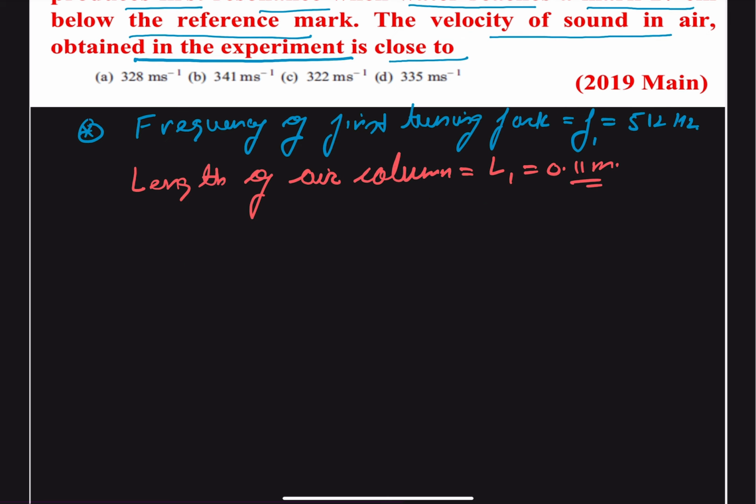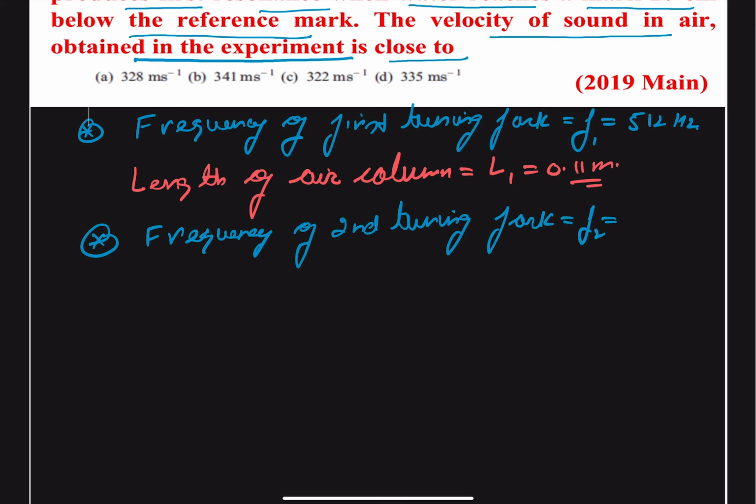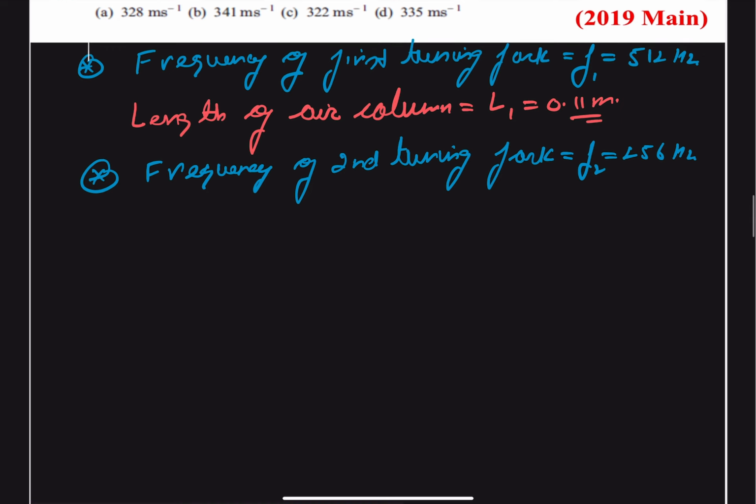The same information we can write for the second tuning fork. The frequency of the second tuning fork, let us suppose that is F2, is equal to 256 Hz, and the length of air column in this case is 0.27 meters.